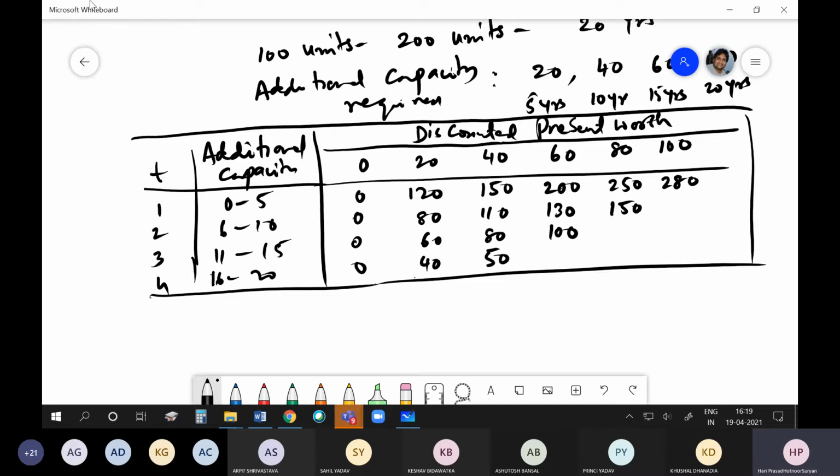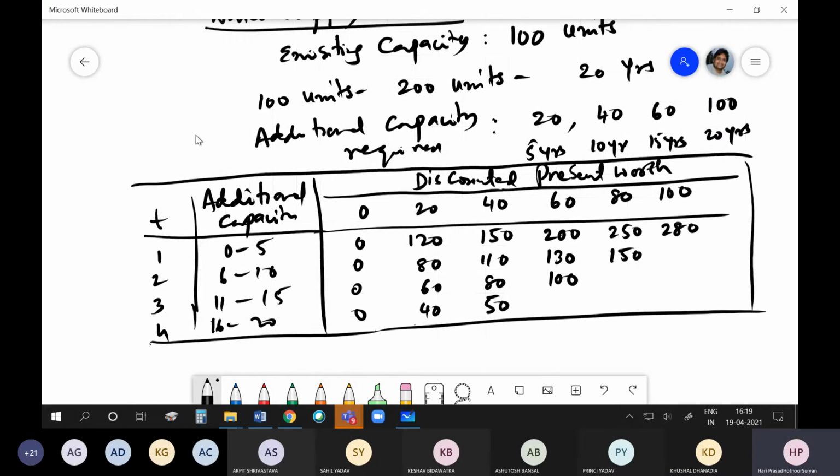This is a minimization problem, and the constraint is that I should have 20 units of additional capacity at the end of 5 years, another 40 at the end of 10 years, 60 at the end of 15 years, and by 20 years I should be having 100.